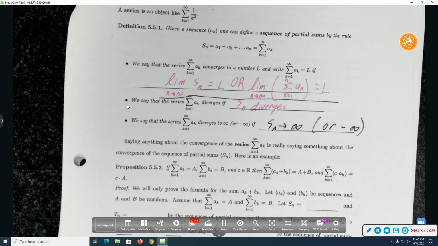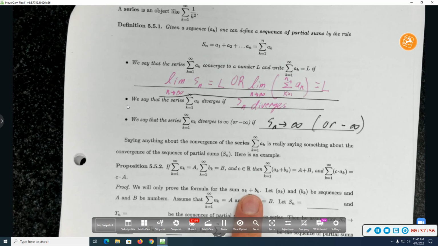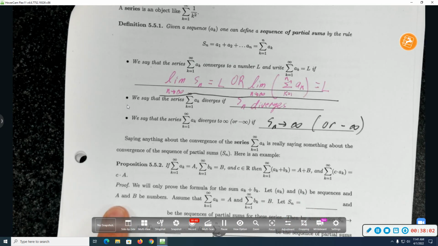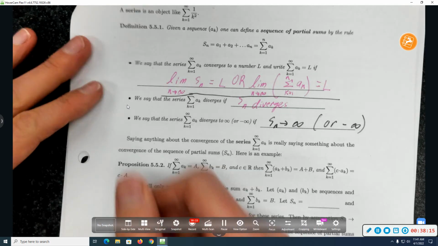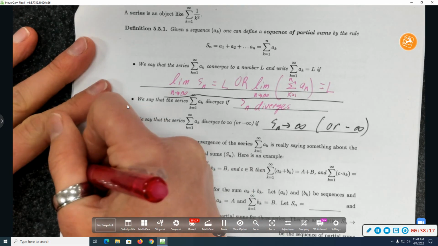And I'll just build this proof on top of what I already know about sequences. So, I'm going to prove it for the sum. Let's give the setup. Let a_k and b_k be sequences, A and B be numbers. I know that the infinite series of the a_k is A, the infinite series of the b_k is B. And maybe I'll, in the margins, try to motivate what I want to show.